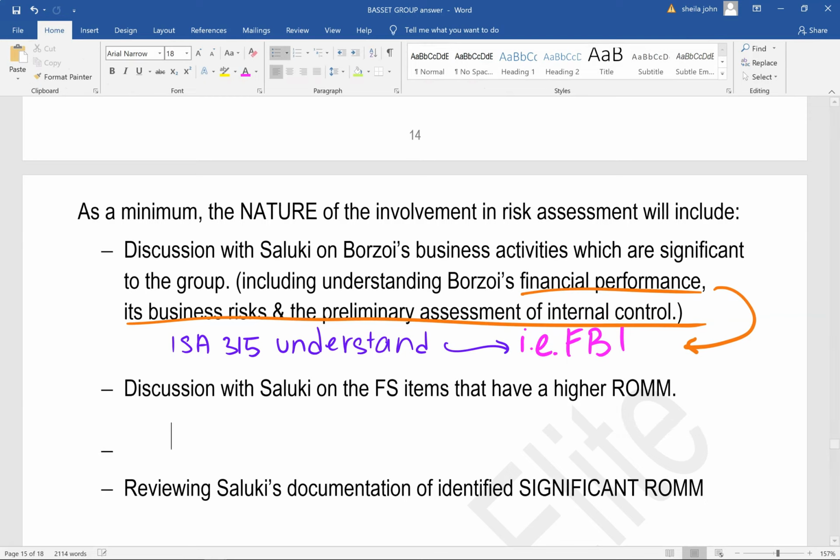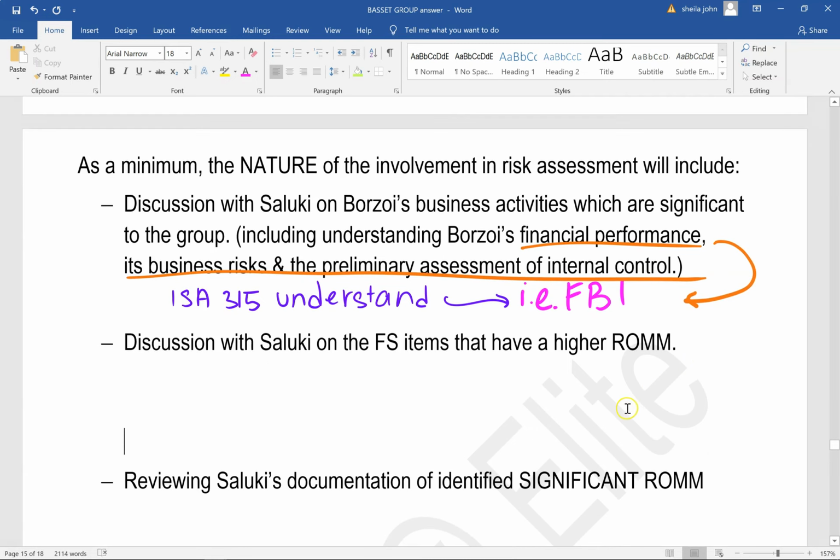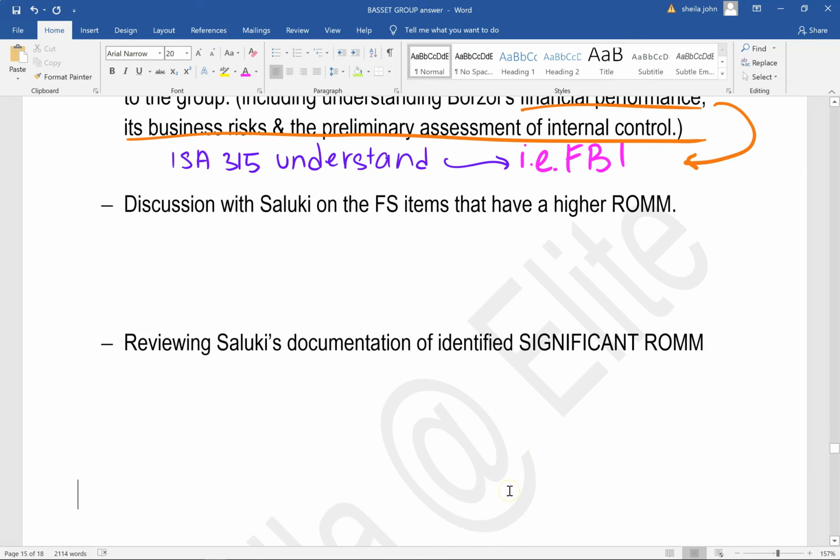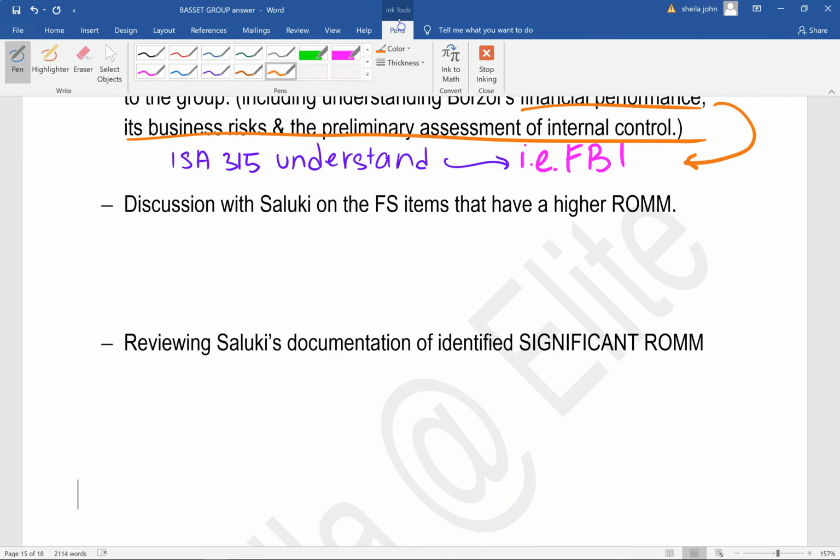Then discussion with Saluki on items that might have a higher risk of material misstatement, whatever they've found, maybe the inventory or whatever, okay? And then finally, reviewing Saluki's documentation of the areas of significant risks. I'm going to explain to you the area of significant risk, but you don't have to put it down in the exam, okay?